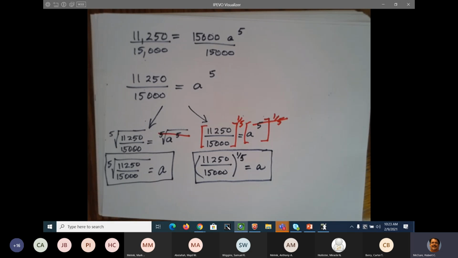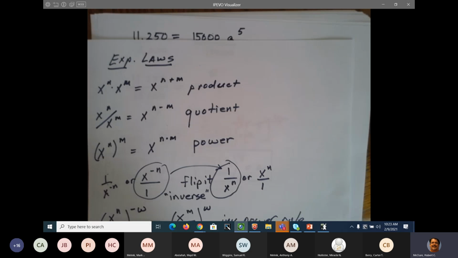Go back to your index card for exponential laws. And I'm going to put this one over in the corner, and I'm going to write it in blue because it's not technically a property. It's something that we learn later on.